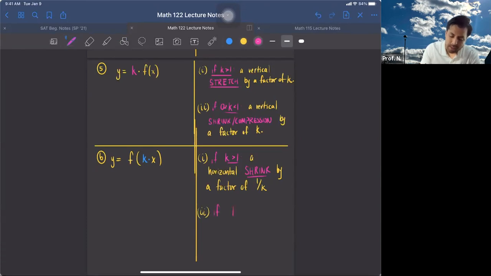So then if k is between 0 and 1, there's going to be a horizontal stretch by a factor of 1 over k as well.